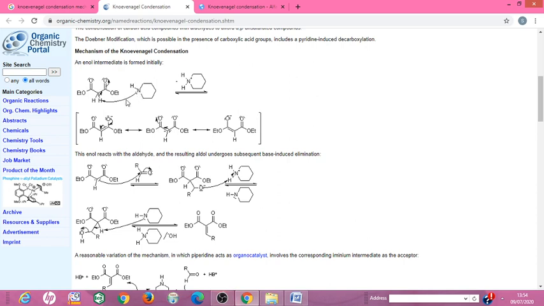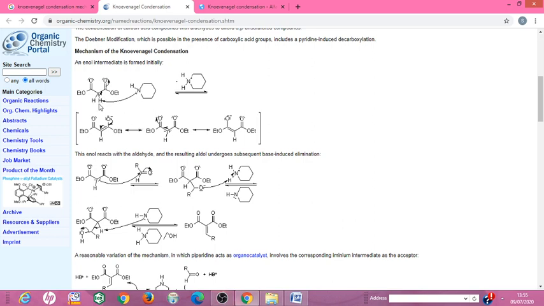This pair of electrons easily abstracts the proton from the active methylene compound. The piperidine abstracts the proton and forms the piperidinium ion, and this compound converts into the carbanion. This is step first.